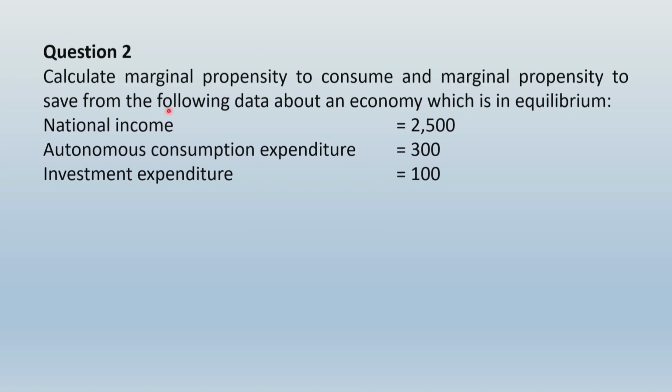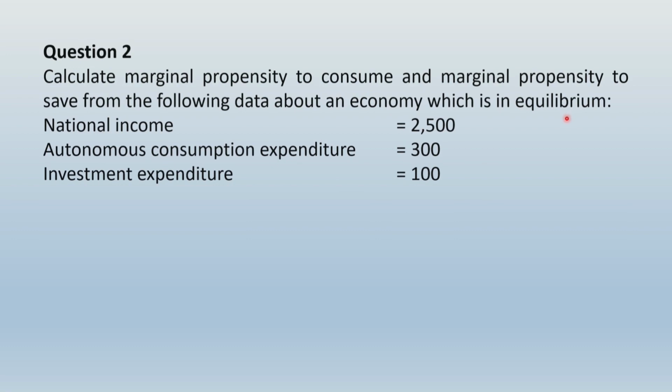Because of this line about an economy which is in equilibrium. When an economy is in equilibrium, what will be the outcome? The national income will be matching with national expenditure.